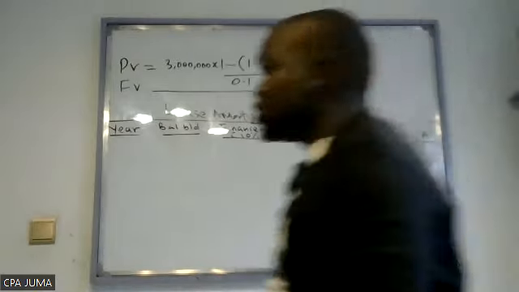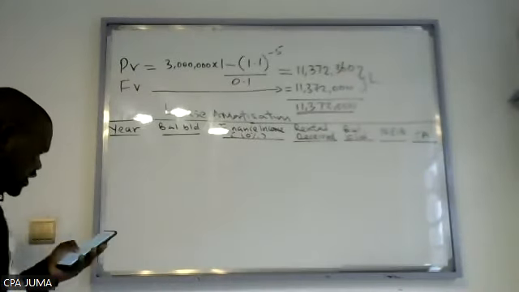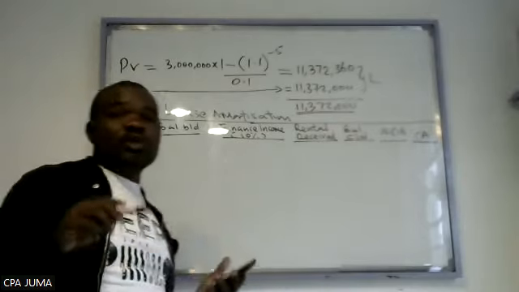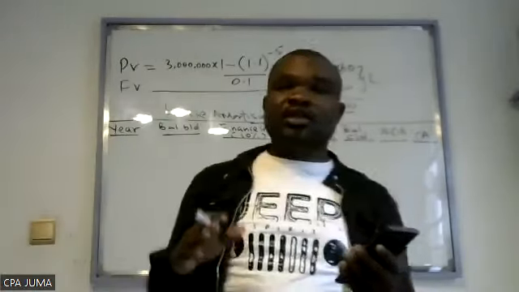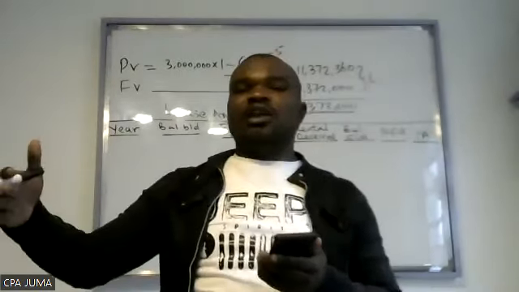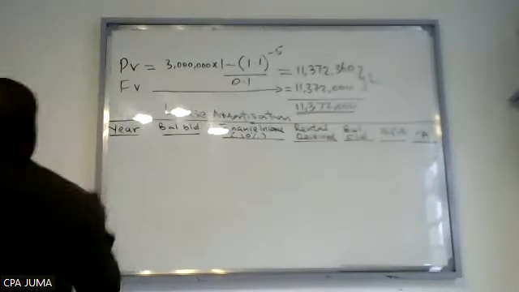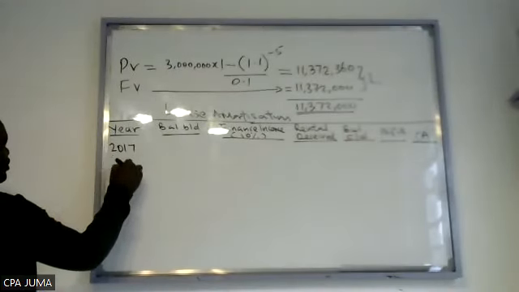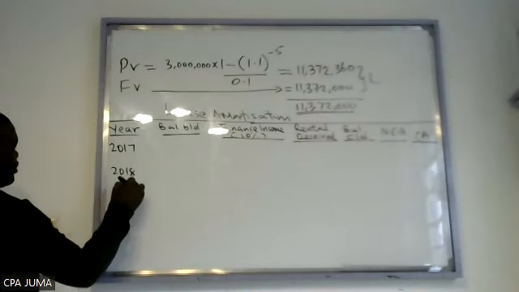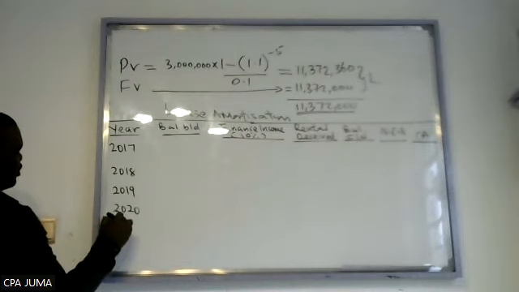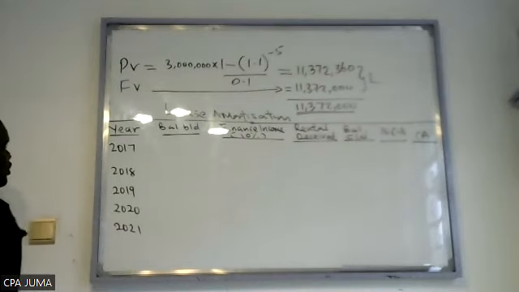Good, good. So they started in July 2016. So July 2016 is 16-17 financial year. So allow me to say 2017, 18, 19, 20, 21. Up to there, 1, 2, 3, 4, 5.